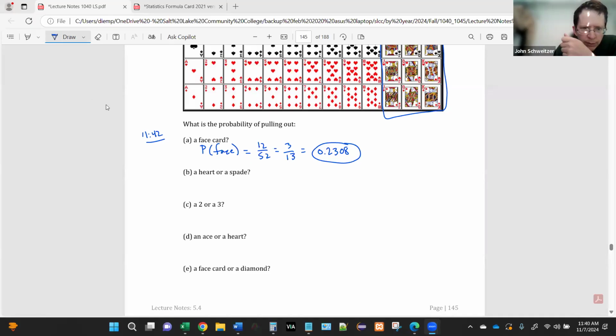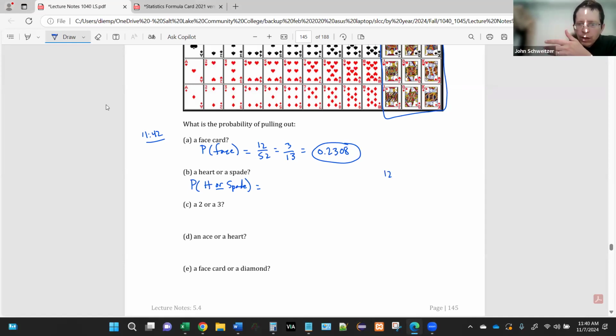Okay, so probability of heart or spade. Let's see here. Good. Okay, so heart or spade. Since it's an or, we know that that's going to be the addition rule. So if you want, you could just count. That's not hard, right? So how many hearts do we have?